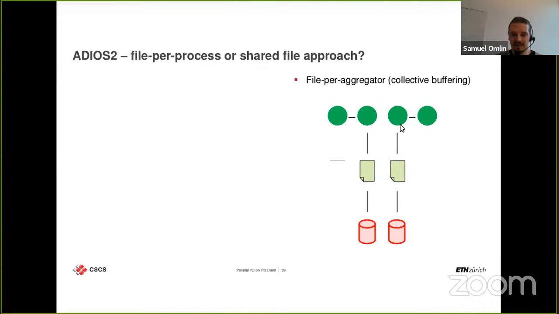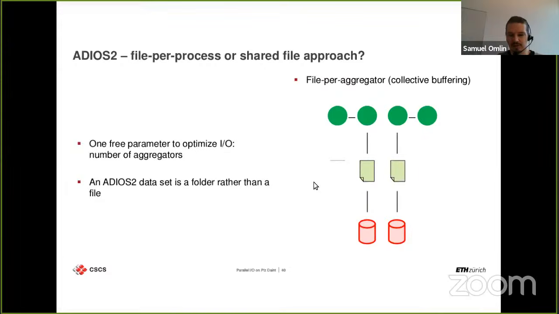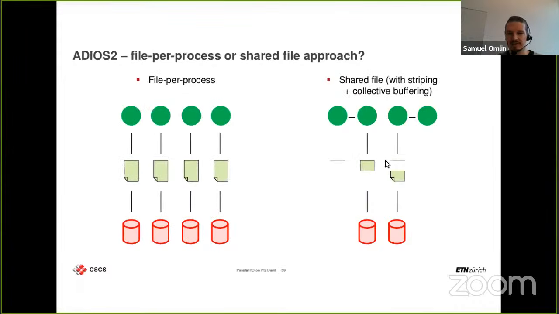It's not that each of the processes writes a file. For example, when we have 4 processes, only 2 will write, but they will write the whole file and not a stripe like in this approach here.